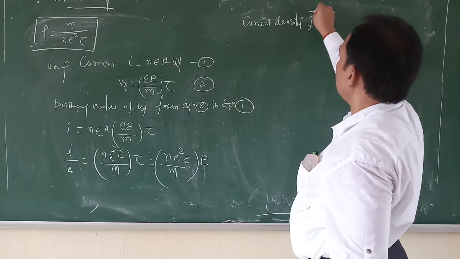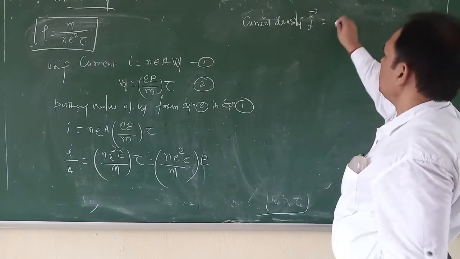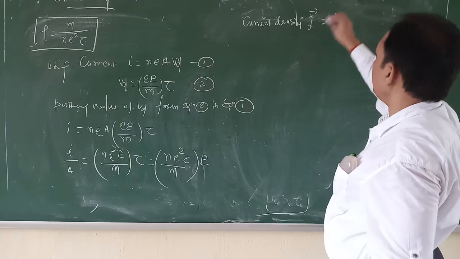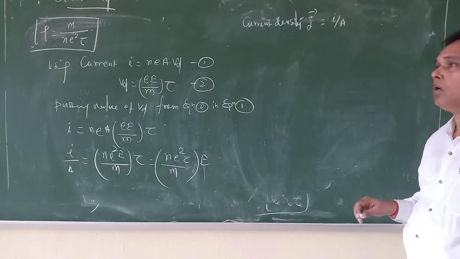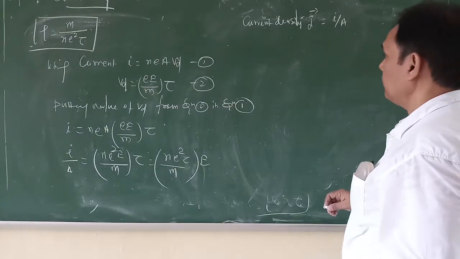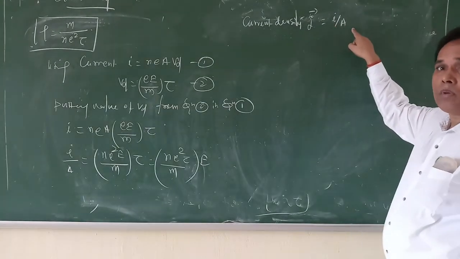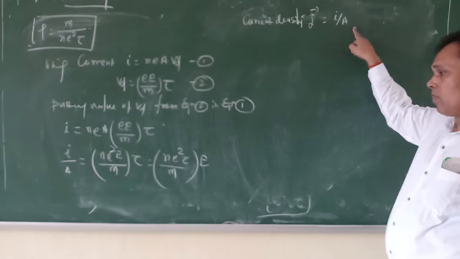It is represented by the symbol J. So J equal to I upon A, current per unit area of cross section. That is called current density, and its unit is ampere per meter square.